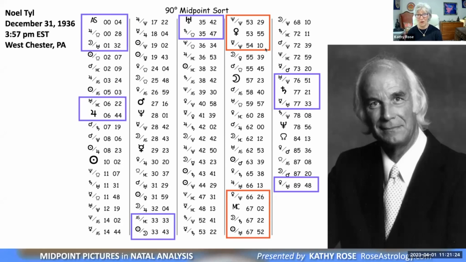Can you think opera singer? You wouldn't automatically think opera singer, but you could think aesthetic creative needs can be accomplished through communicating creatively, right? And Venus equals Neptune, Pluto. Well, aesthetic needs can be accomplished through creative power. And if you ever heard his voice, there you go. That moment in the restaurant was this midpoint right here.